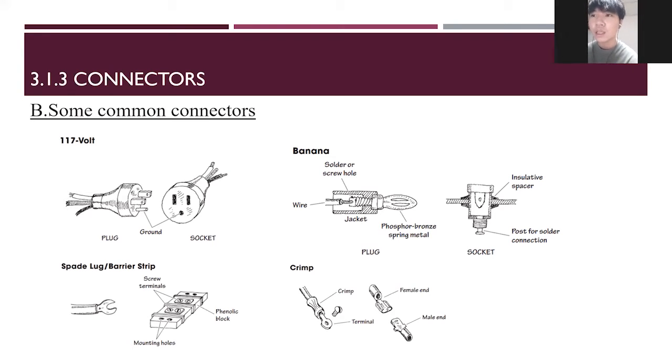This is a typical home appliance connector. It comes in unpolarized and polarized forms. Both forms may come with or without a ground wire, and it's like this.